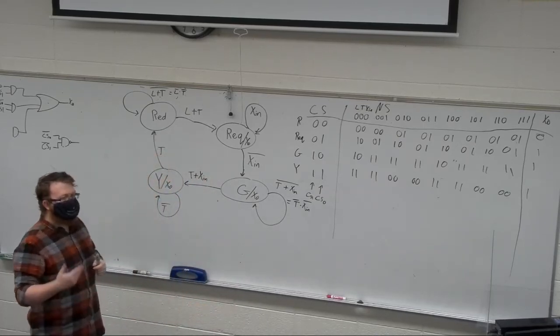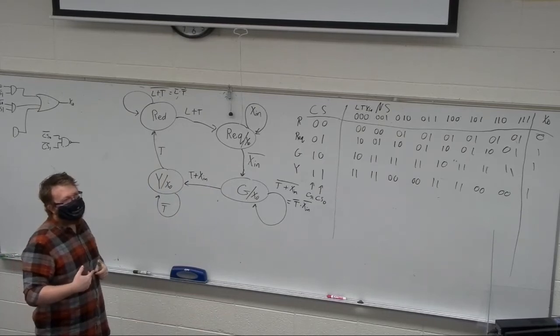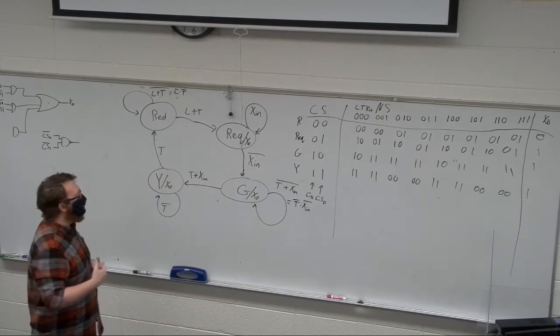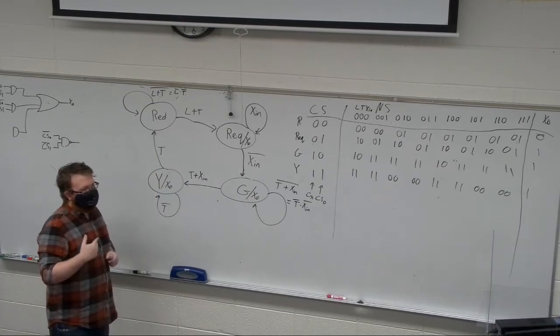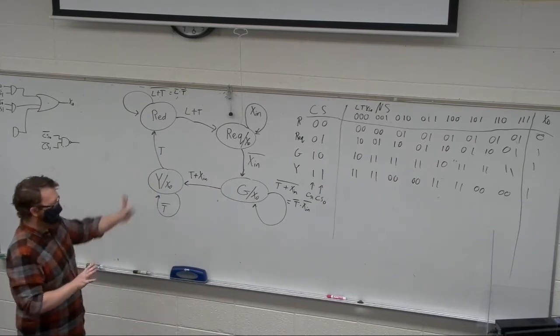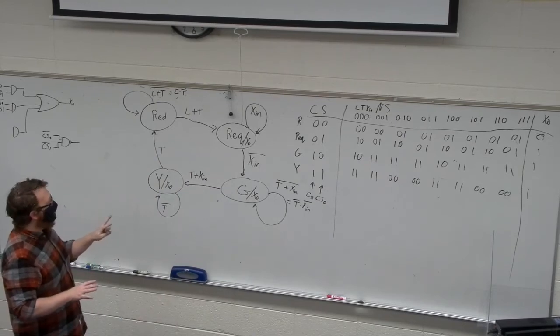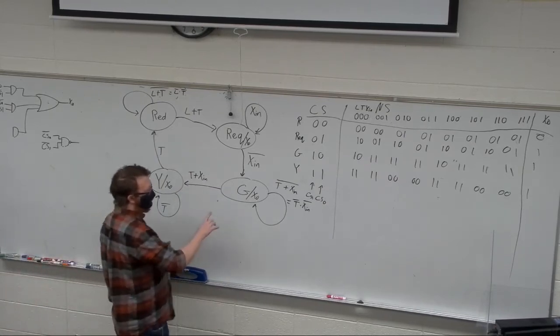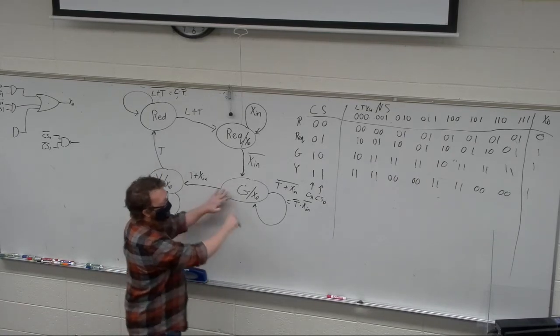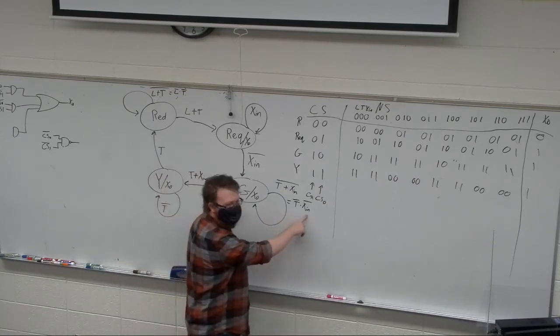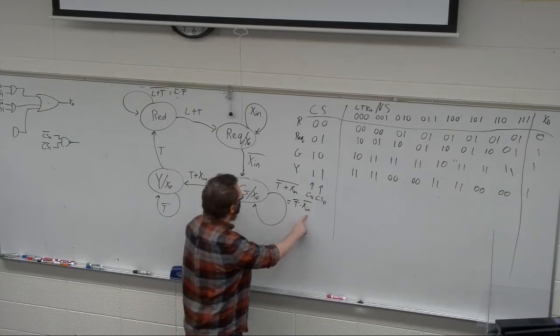But let's say that, let me think about the right way to phrase this. Sorry, I'm looking for a good example inside of this state machine. Let's say that we are entering, we're in green, and we're staying in green just based on t and x in.